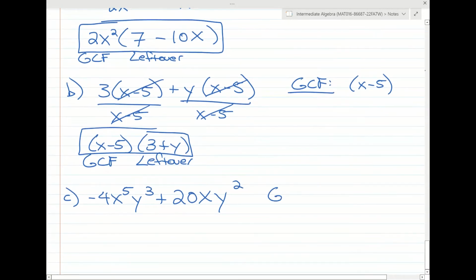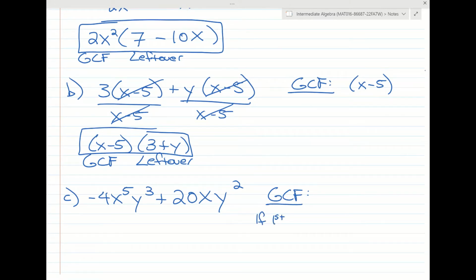Alright, so one thing about GCF is if the first term is negative, the GCF also has to be negative.